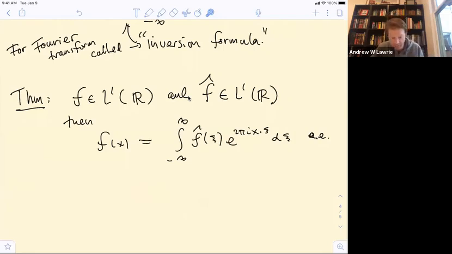So if we understand that being an L1 function means that you're just a representative of an equivalence class, then we can just write equals here. But yes, exactly, you're correct, right? We can't expect to take an integral and recover anything except almost everywhere information, right?